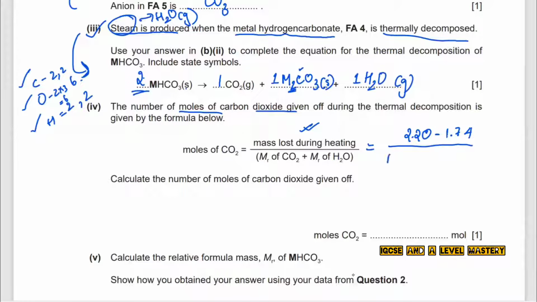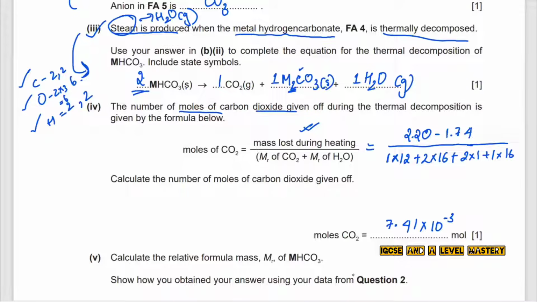For carbon dioxide, there is 1 carbon, which has a mass of 12, plus 2 oxygen, whose mass is 16, which will give you the mass of CO2, plus the mass of water, which will be 2 into AR of hydrogen, plus 1 into AR, atomic mass of oxygen, which is 16. If we solve this, the answer that we obtain will be 7.41 into 10 raised to minus 3.